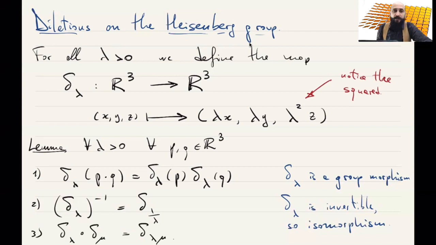Why do I call it dilation? Dilation is maybe a general term, because what we are doing is stretching variables by some factors. But from the metric point of view, we will now see that this is really a dilation.